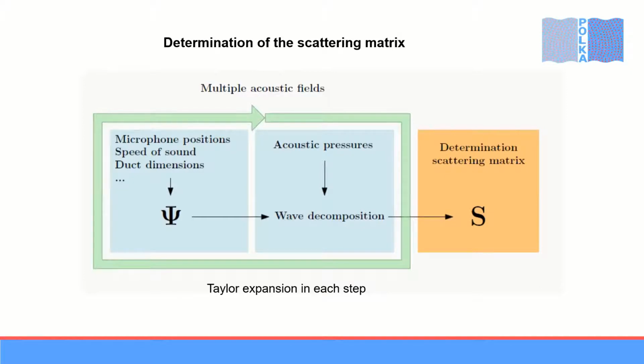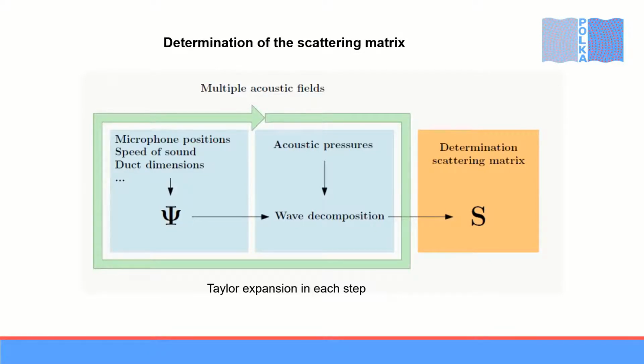So in this example, we have the microphone positions, we have the speed of sound, we have the duct dimensions, we have a few other inputs, temperatures, and so on. Those are examples of data that we've somehow found from experience, data sheets, or microphone positions, which you might measure.